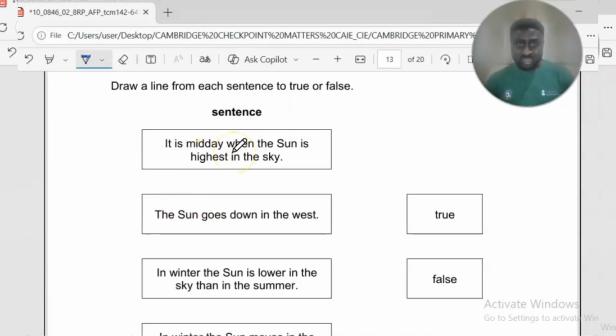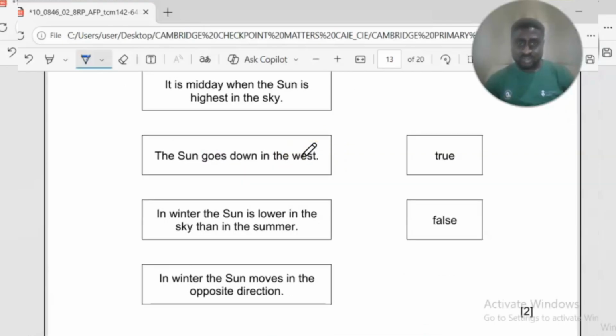It is midday when the sun is highest in the sky. Simply put, when the sun is directly above one's head at midday, which is 12 noon, is the sun highest in the sky or lowest in the sky? It is midday when the sun is highest in the sky. The answer is what? Is true.